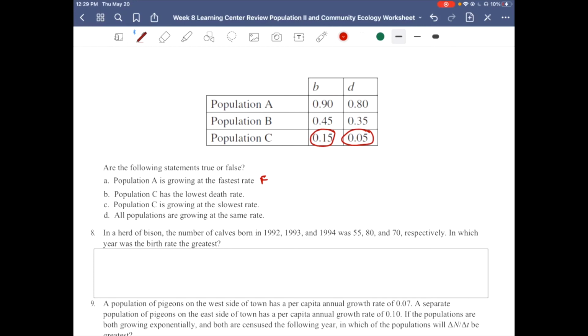So the most growing population is not A, just because there's also a lot of death rates. And the next one is saying population C has the lowest death rate, and that would be true because it's 0.05 compared to 0.35 or 0.8.